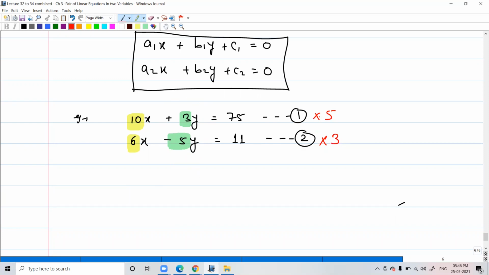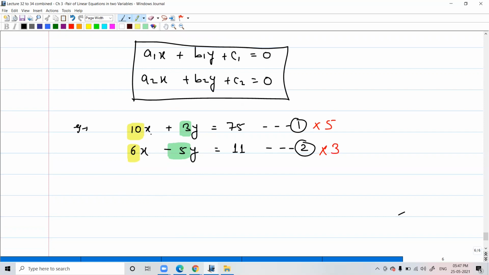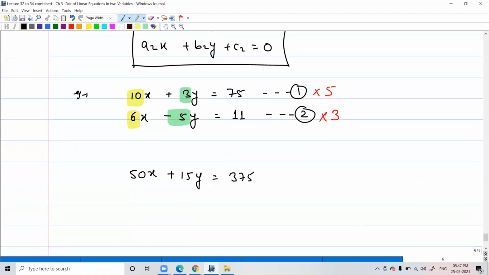So let's do that. After multiplying 1 by 5, what will be the first equation? The first equation would be 10 into 5 will become 50x, plus 3 into 5 will become 15y, and 75 into 5. Okay, so this is our first equation after multiplying 5 to it. Let's call this the third equation now.